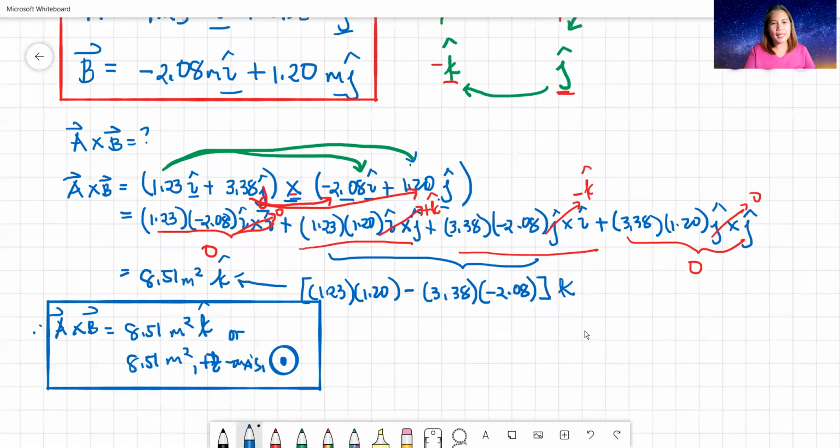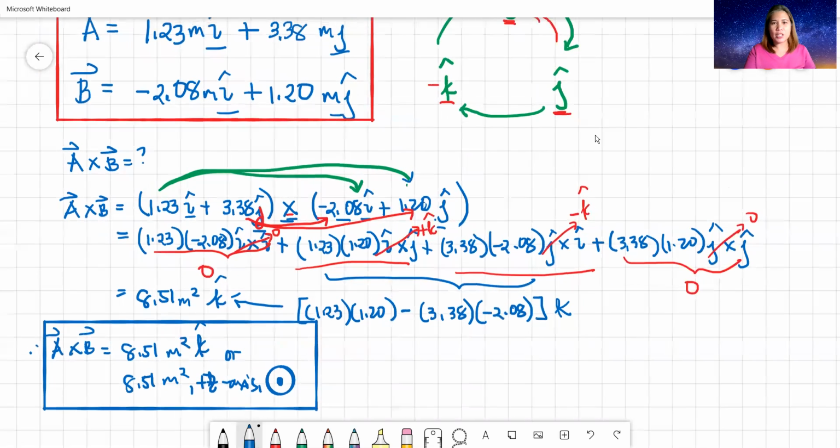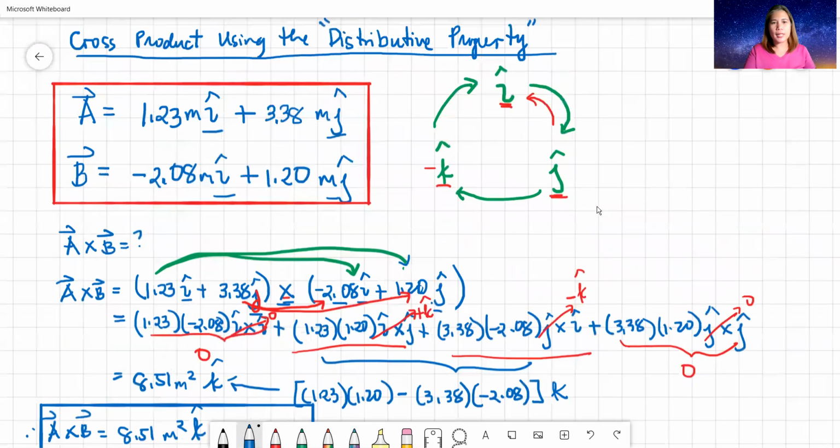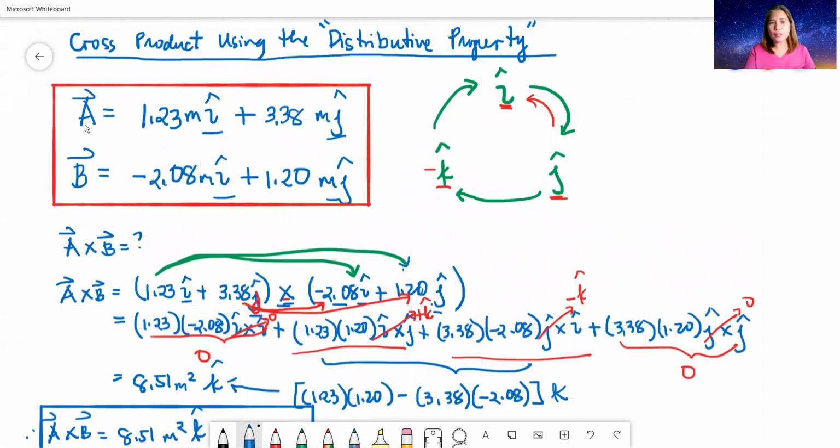So I hope by now it's clear to you that when the vectors given are in component form, naka-I hat, J hat, K hat siya, you actually have 3 methods to choose from in getting their cross product. You can use the definition of the components, yung may CX, CY, CZ, tapos may mga factors doon na memorize.